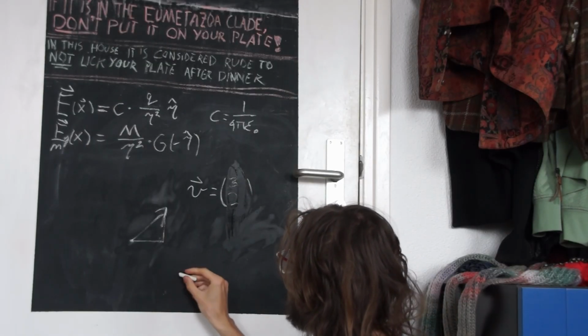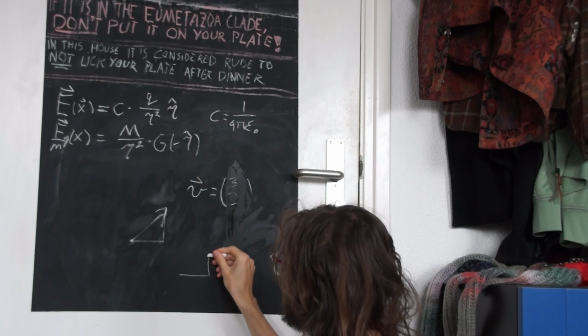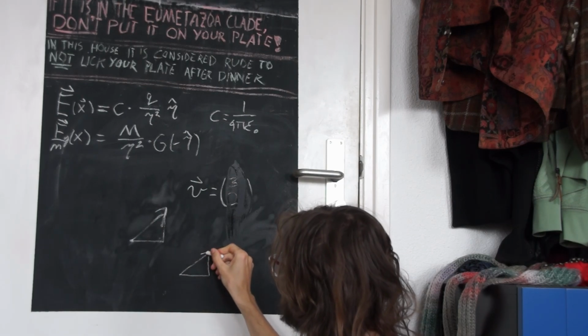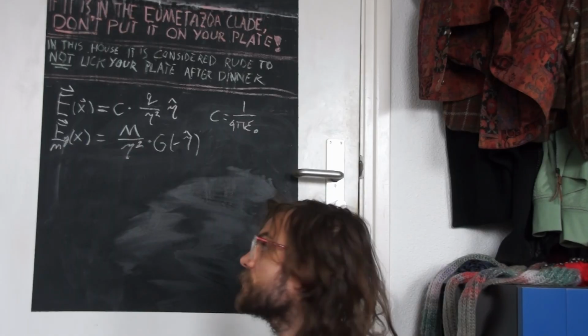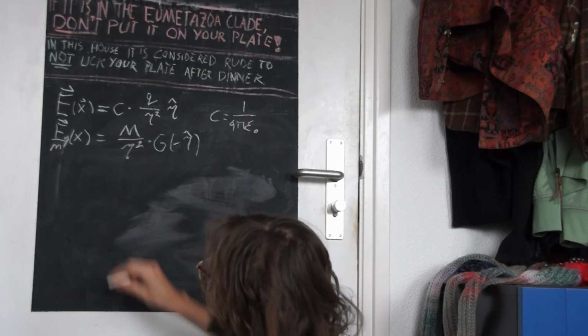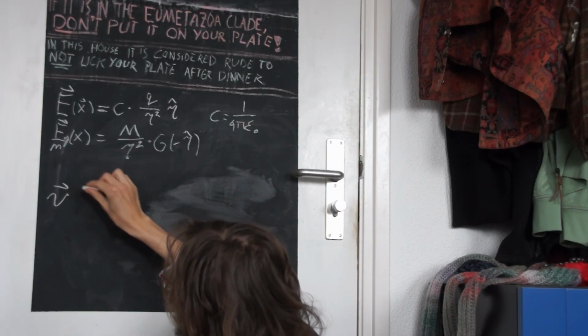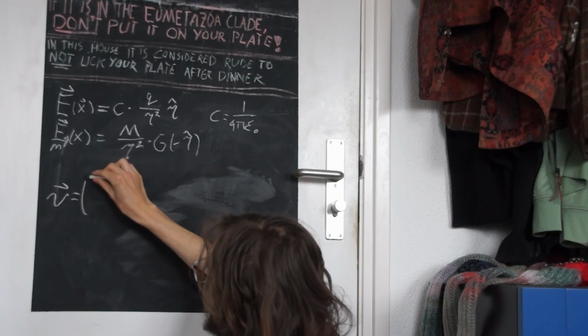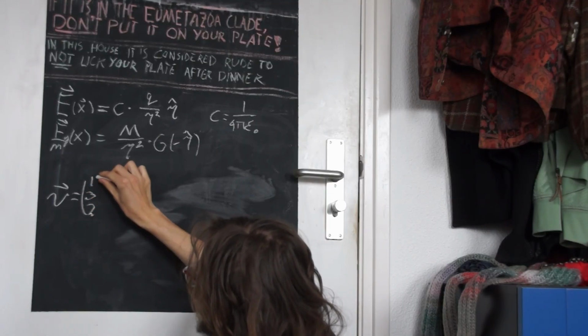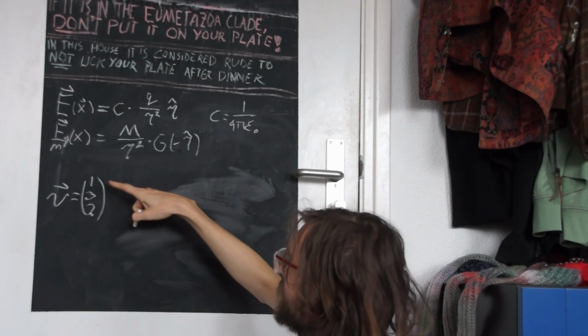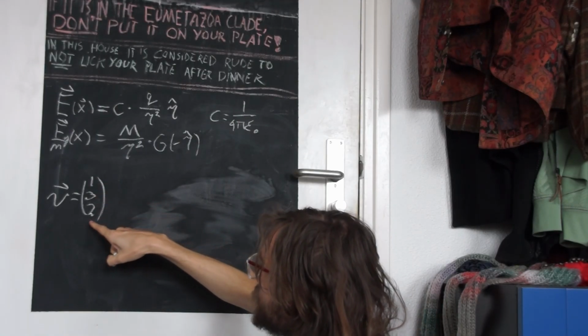It says go right 3 times and go up 2 times. So that would be this vector. But if you're in 3 dimensions, you're going to need 3 numbers to indicate a vector. Let's say we have a vector in 3 dimensions and maybe it's 1, 3, 2. That's an instance of a vector where 1 is the x, 3 is the y, and 2 is the z.